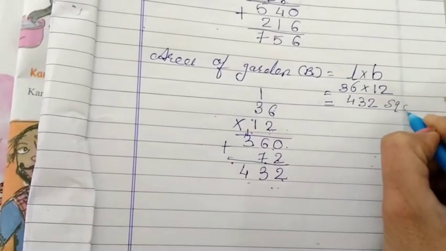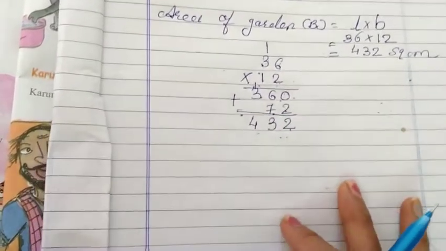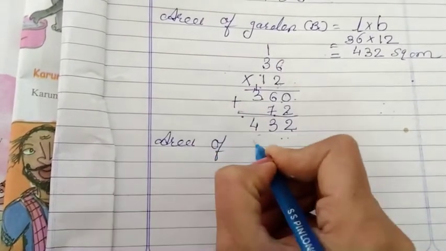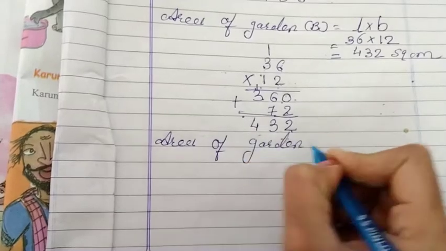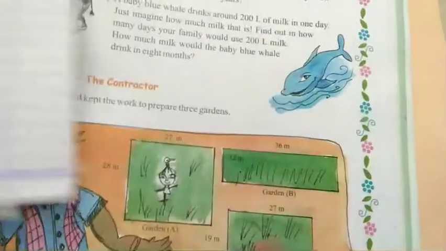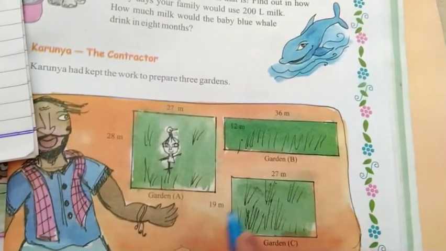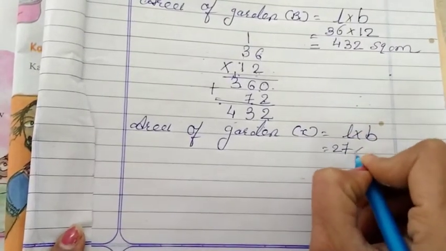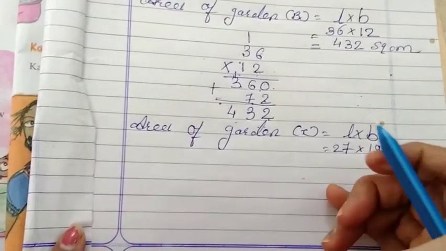432 square centimeter. Now we will find the area of garden C. Length multiplied by breadth. What is the length and breadth? It is 27 and 19. So we will multiply 27 multiplied by 19.